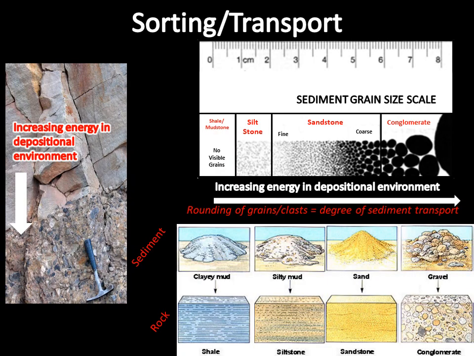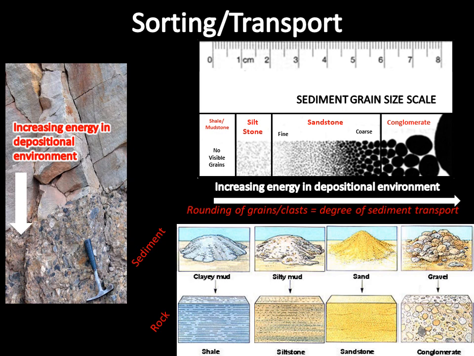To kick off this discussion, we will review sorting and transport. The type of clastic sedimentary rock you get depends on the amount of energy, or how fast the water is moving or the wind is blowing, and how far the material has traveled. Simply put, in fast-moving water, like a swift-moving river, very small to very large pieces of material can be plucked up and transported.